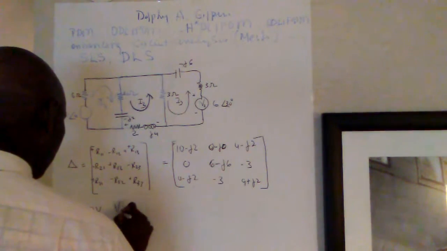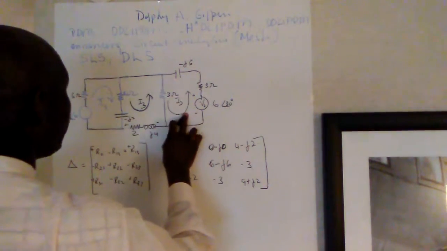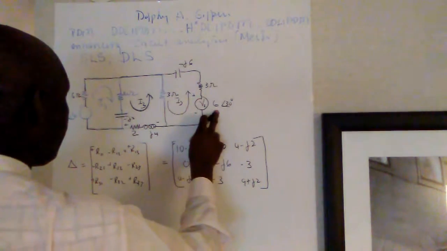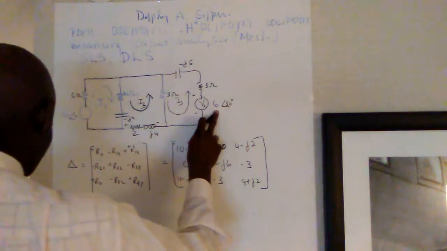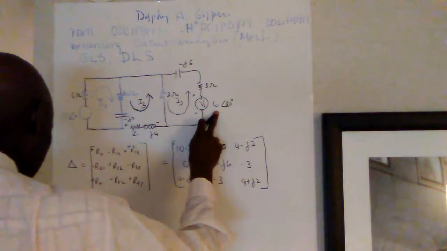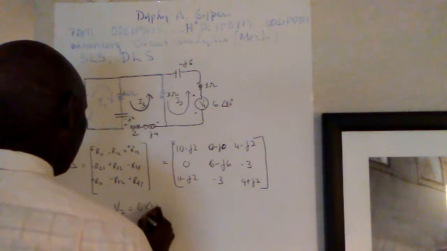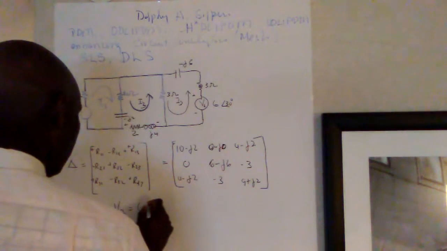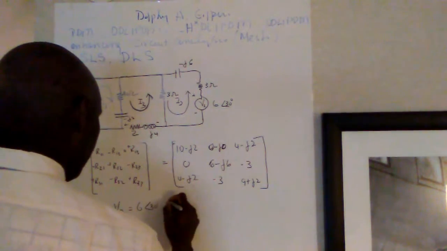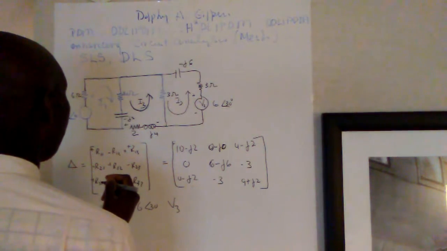V2, we have now 6 at angle 30 degrees. And for V3, we have 0.